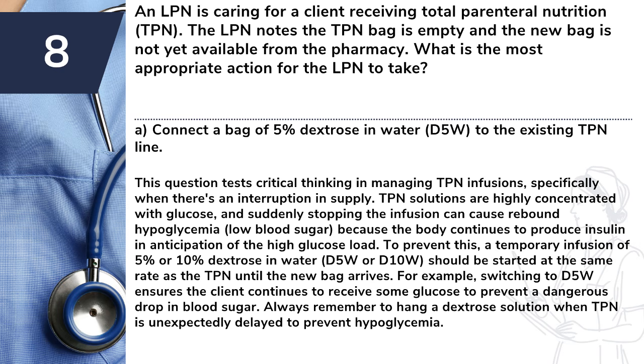To prevent this, a temporary infusion of 5% or 10% dextrose in water, D5W or D10W, should be started at the same rate as the TPN until the new bag arrives. For example, switching to D5W ensures the client continues to receive some glucose to prevent a dangerous drop in blood sugar. Always remember to hang a dextrose solution when TPN is unexpectedly delayed to prevent hypoglycemia.